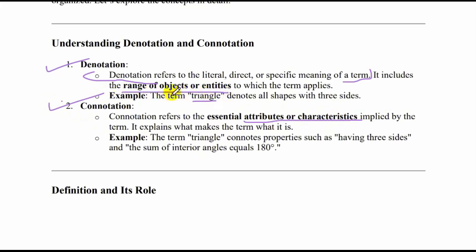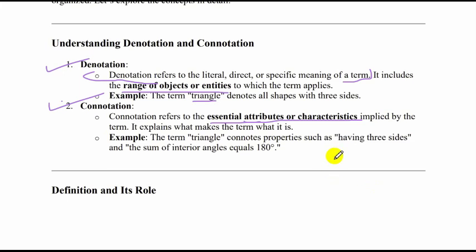Denotation means some object or entity like triangle, man, father, and so on, and the connotation is basically what that term's attribute or characteristic is, or what that term implies. For example, triangle would mean something which has three sides or whose total angles measure 180 degrees, and so on.